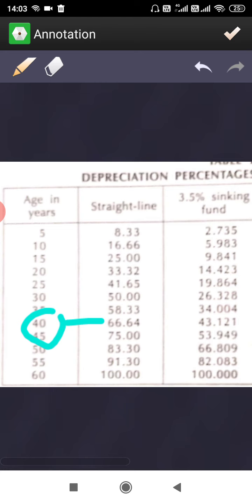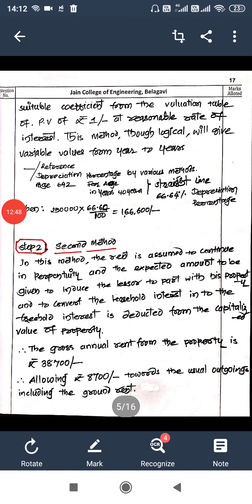Now this percentage you have to multiply with the value. Here you can see the straight line value I have shown, that is 66.64. That 66.64 you have to take for the price or value of rupees 2,50,000.